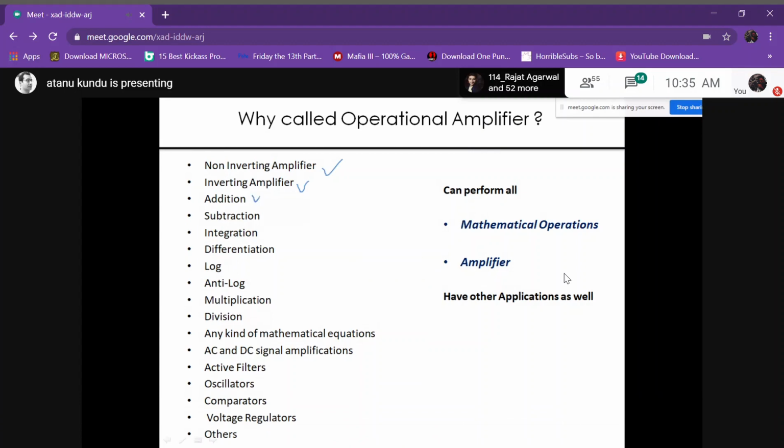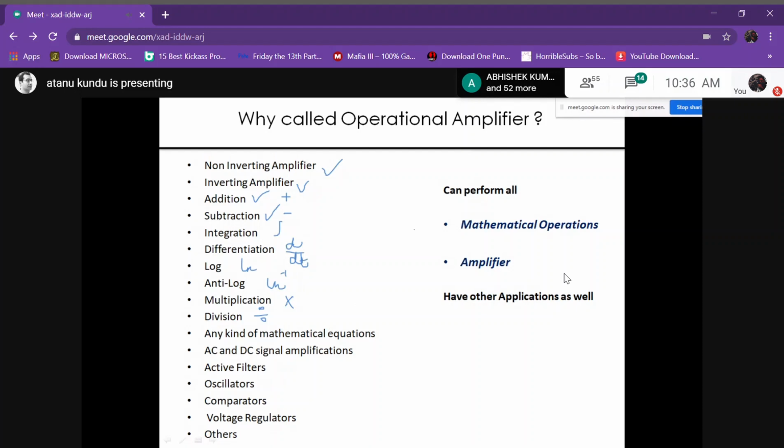It can perform addition, subtraction, integration, differentiation, log, natural log, anti-log, multiplication, and division.